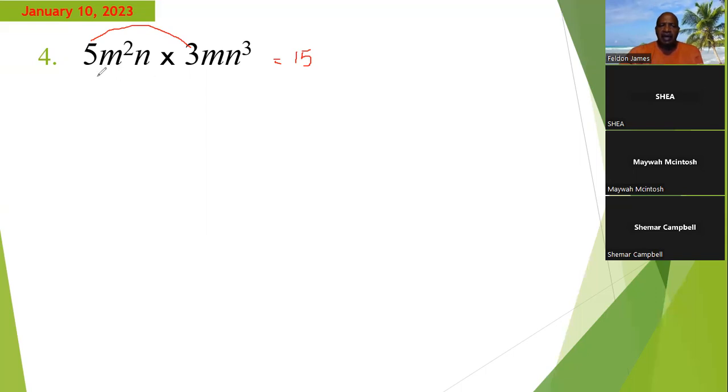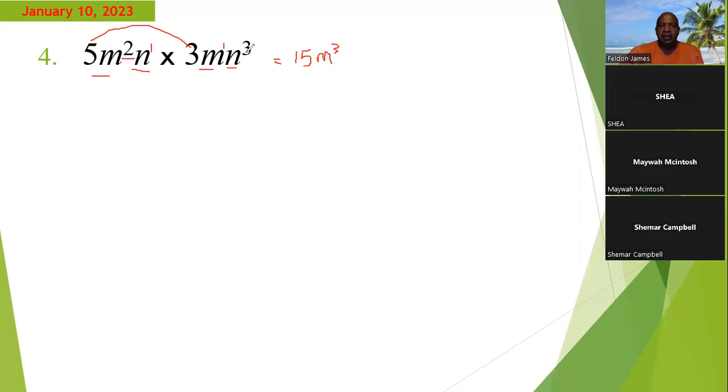Now in terms of the symbols, we just look at what we have. So we have an m squared here. We have an m here to the power 1. So we can simply add the powers, the 2 with the 1. We get 3. That means here we would have m raised to the 3rd power. Now if you look at the n's, this n is to the power 1.